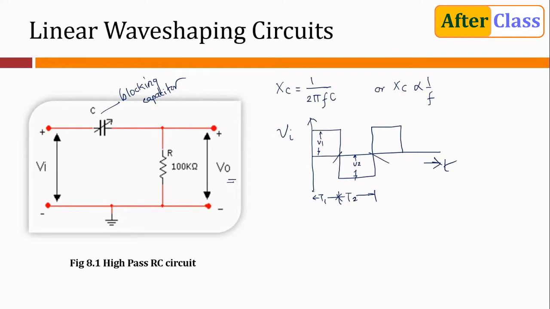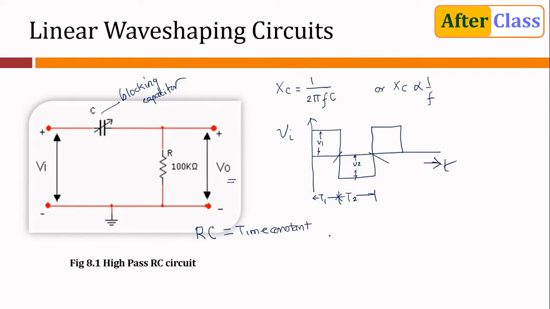The shape of the output waveform in this case is going to depend upon the time constant RC. This is most important. A time constant is nothing but the product of R and C. Fine.